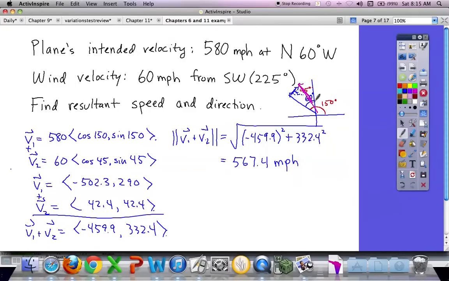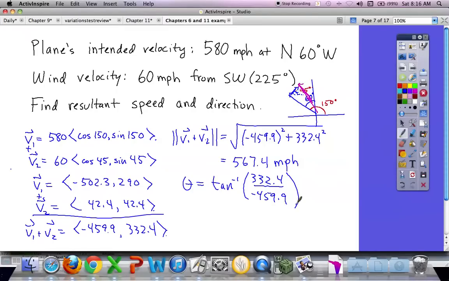How do we find the angle? Again, we do tan inverse of these coordinates here, 332.4 divided by negative 459.9. Second, tan inverse 332.4 divided by negative 459.9.